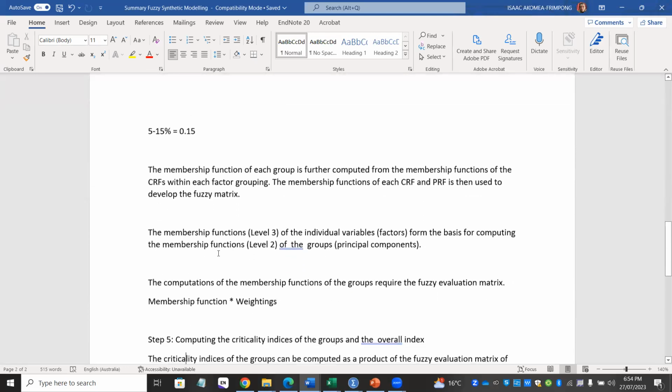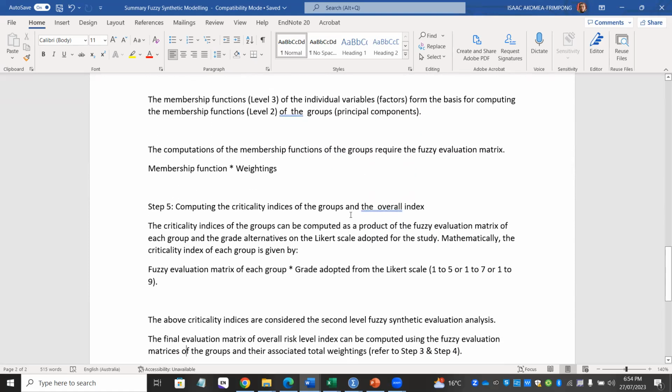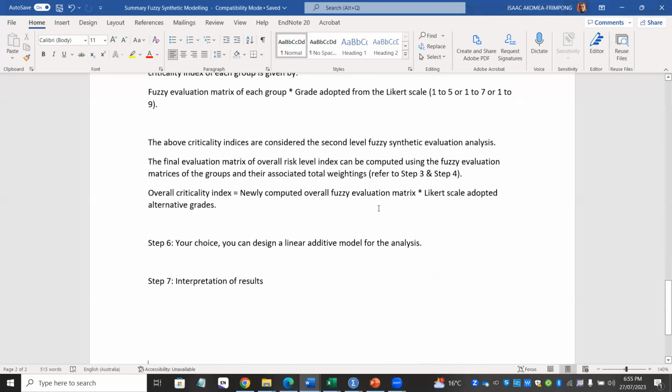Then from there, you have to determine the criticality indexes of the groups and then the overall criticality index, which you use to determine whether your factors are critical or they are not. Yeah. So first you determine the criticality at the individual level. Then you also look at it from the overall point of view. So we'll do that as well.